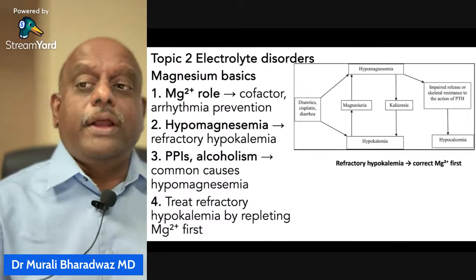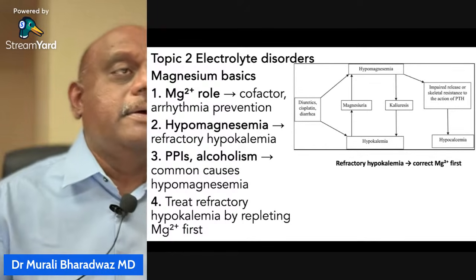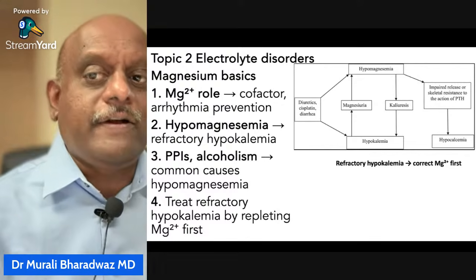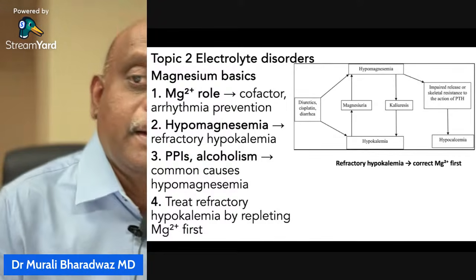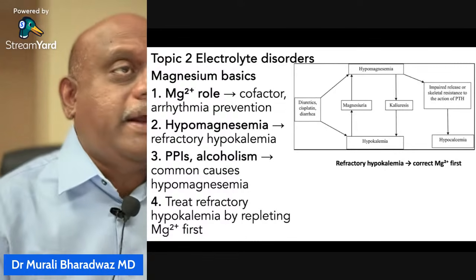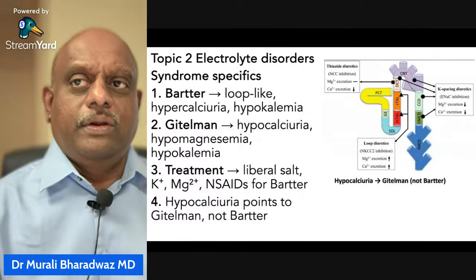And those who regularly take alcohol and antacid, they are the common causes of hypomagnesemia. So that is the reason whenever there is any refractory hypokalemia, treat the hypomagnesemia first. It is a very important rule.